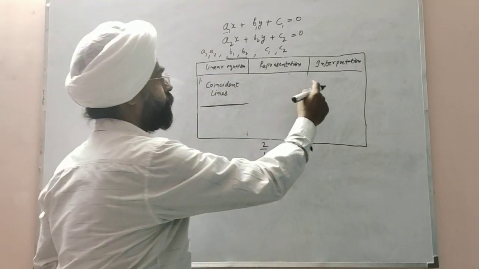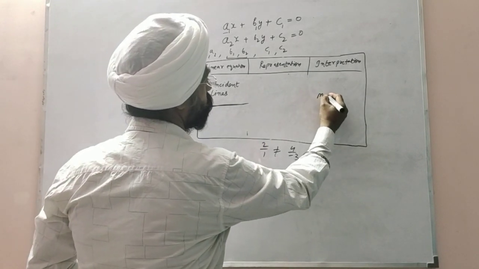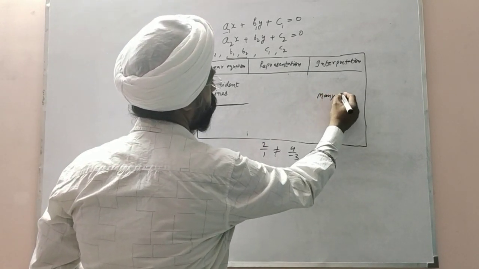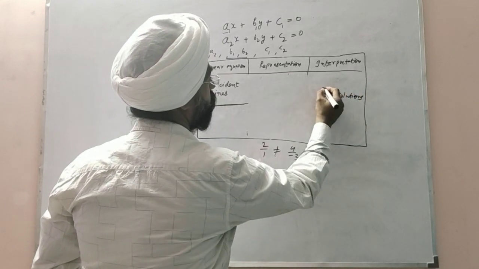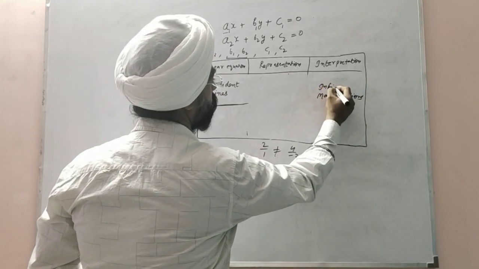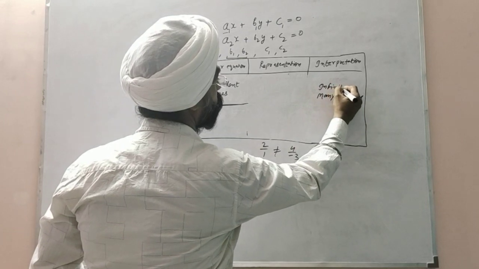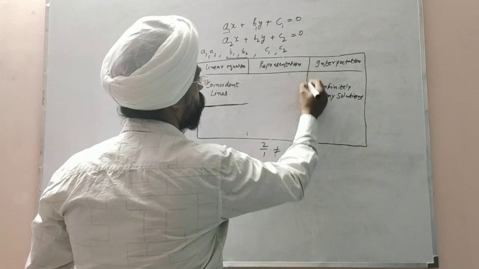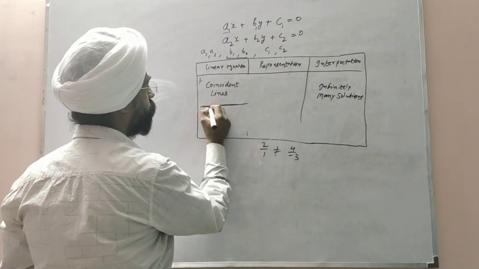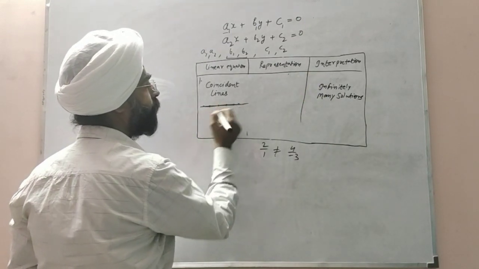Then the interpretation is they have infinitely many solutions. Infinitely many solutions means every point is lying on the line, every point is overlapping.